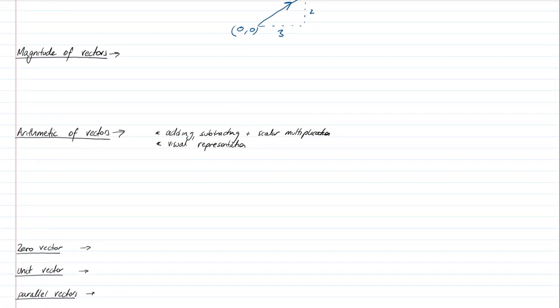If we call this vector x, the magnitude of x is written like this, and it's equal to that Pythagorean relationship, 3 squared plus 2 squared, which in this case is the square root of 13. Not all that nice, but that's what it's equal to.